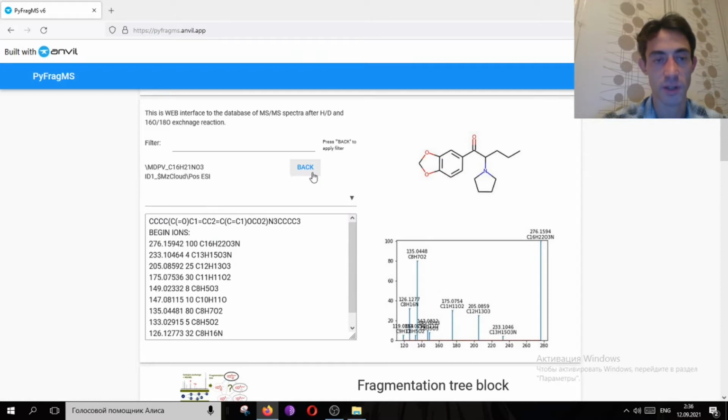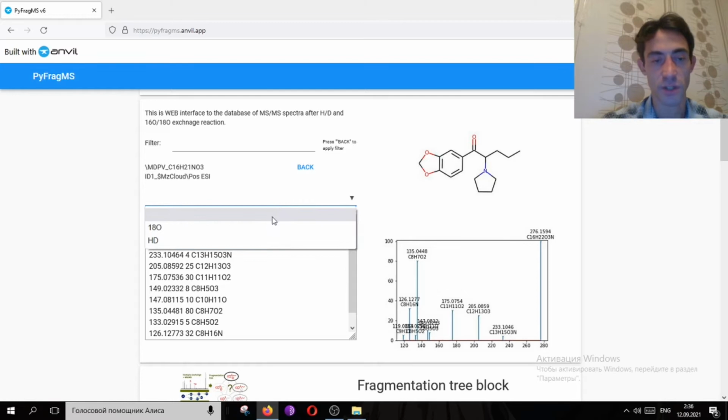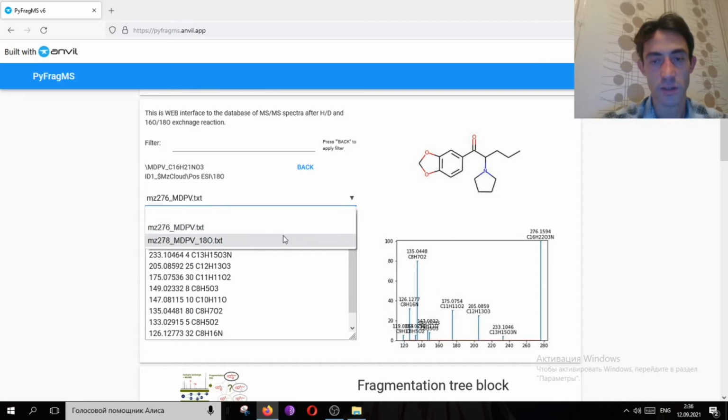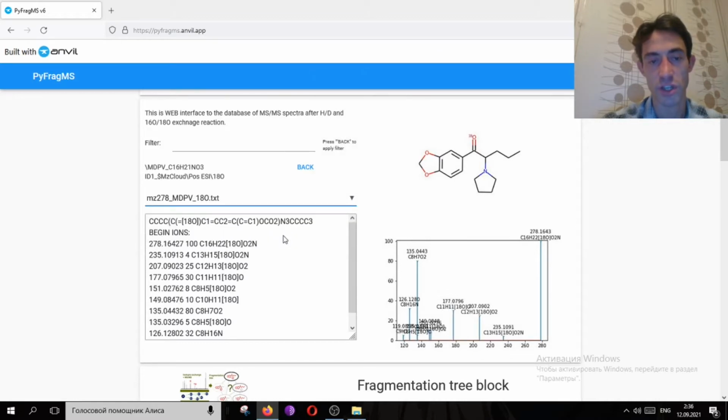We have spectra not only after the hydrogen deuterium exchange reaction, but also spectra after the oxygen exchange reaction. In this case, this molecule has one labile oxygen, this one, and we performed the oxygen exchange reaction. We obtained this molecule and recorded the MSMS spectrum for this molecule.